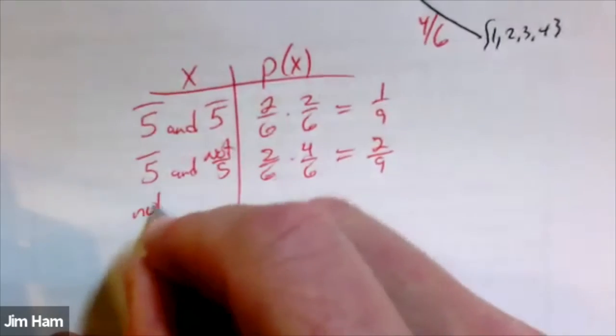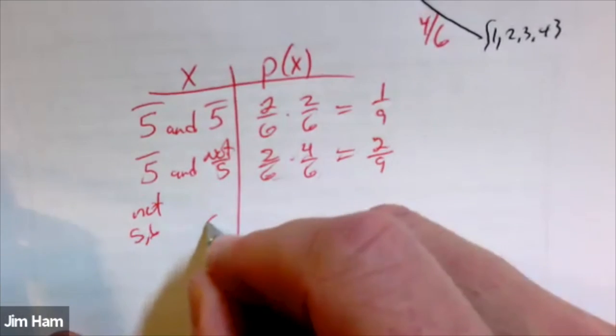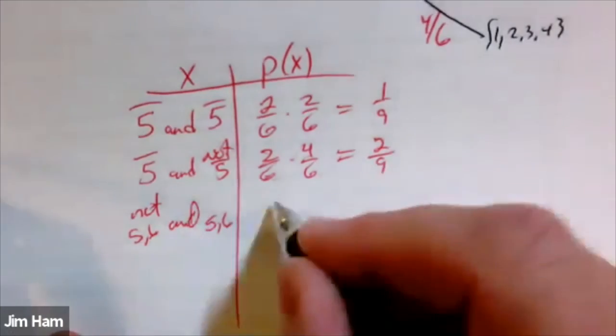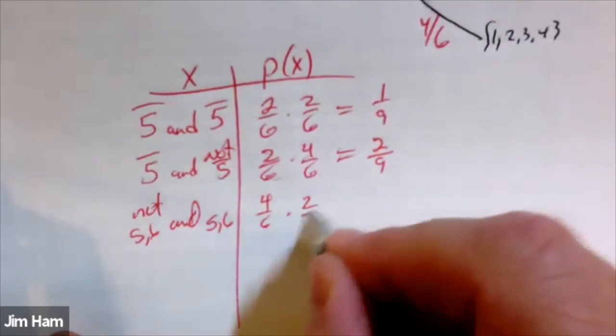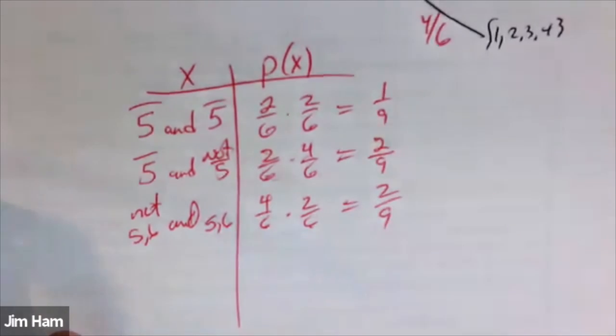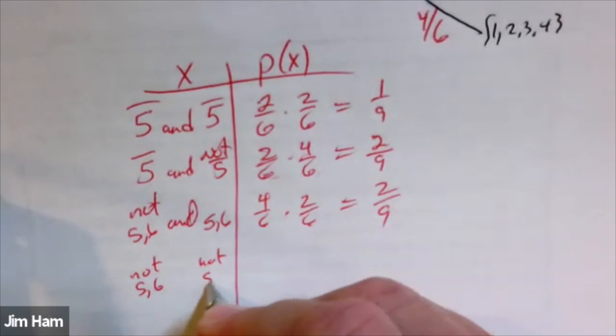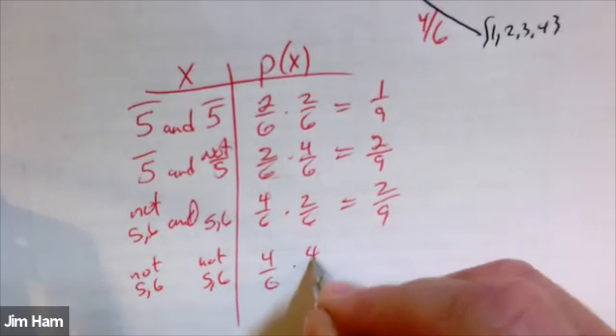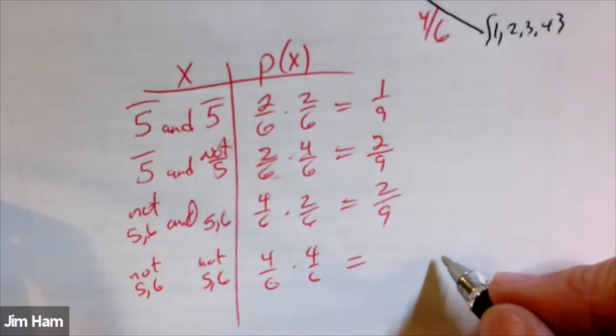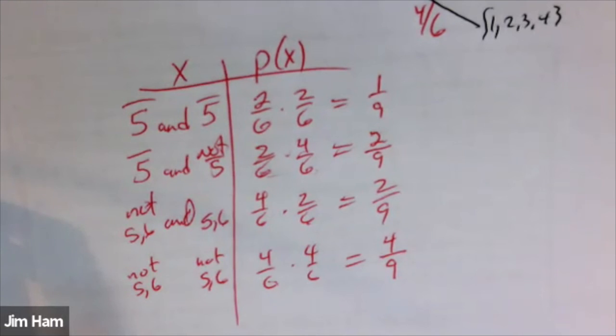Then we have not a 5 or 6 and a 5 or 6, and you would have 4/6 times 2/6, 2/9 again, and then not 5 or 6 and not 5 or 6, that would be 4/6 times 4/6. Now you probably don't have to do all of this, but we've got all the possible outcomes.